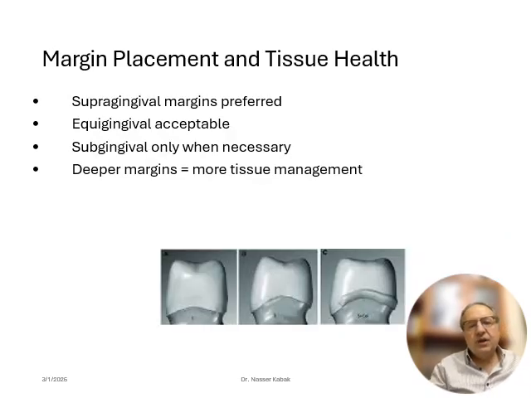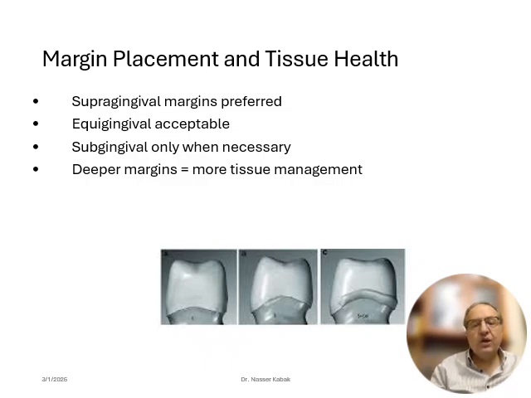The margin of the restoration should be kept away from the gingival tissues whenever possible. This will guarantee the long-term stability of the gingival tissues. But sometimes we need to place the crown margins at the level of the tissue, and sometimes subgingivally.